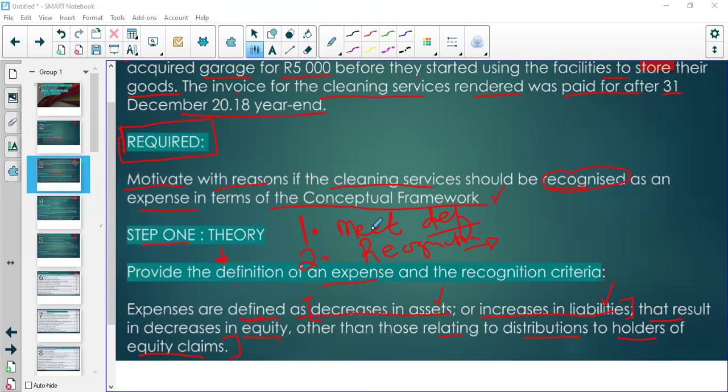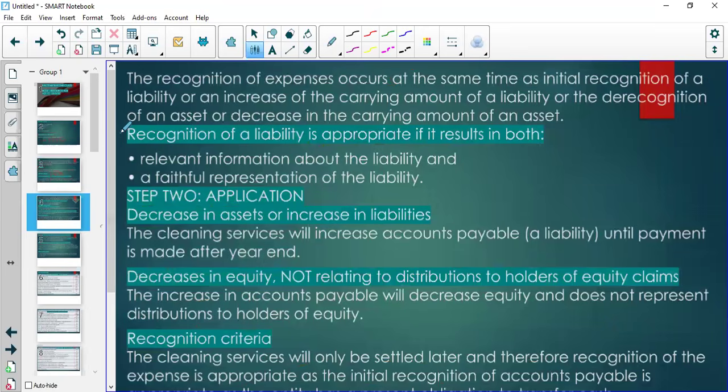You'd provide a definition. And then we also need to look at what we consider for recognition. Now, an expense is different from an asset or a liability because the recognition of an expense is triggered by either the initial recognition of a liability, or a liability already recognized whose carrying amount is now increasing.